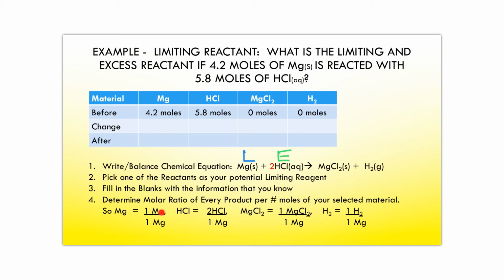So here's my limiting reagent, magnesium, so it's a 1-to-1 ratio. 2-to-1 for this one, because again, we're referencing magnesium as the bottom. That's my reference point. So it's 2 HCl's for every 1 magnesium, 1 magnesium chloride for every 1 magnesium, 1 mole of H2 gas for every 1 mole of magnesium. So now that I have these molar ratios, I'm going to be using these in the calculations on the next page.